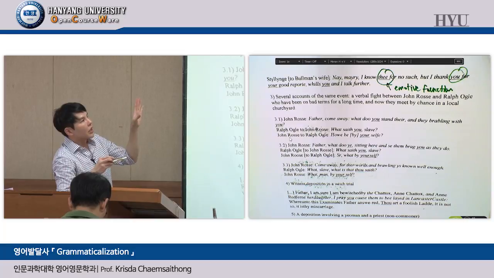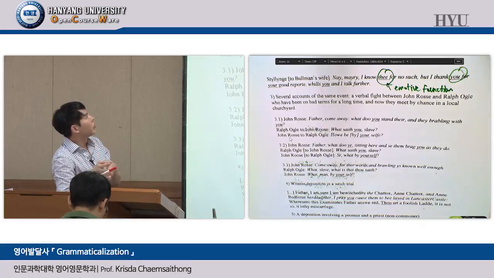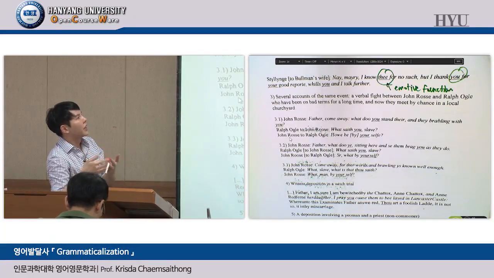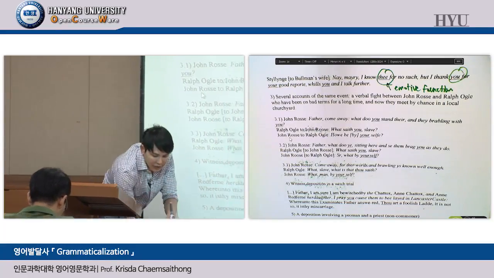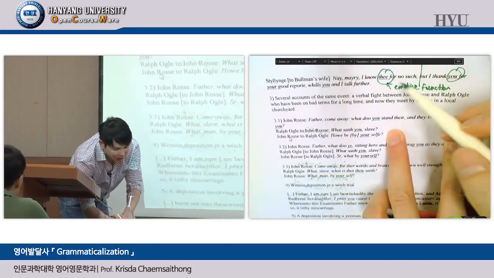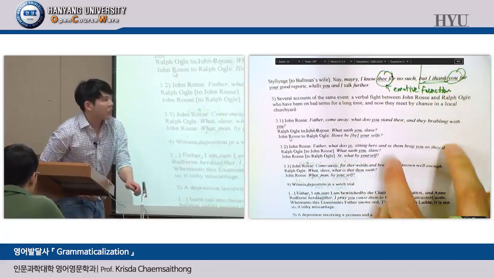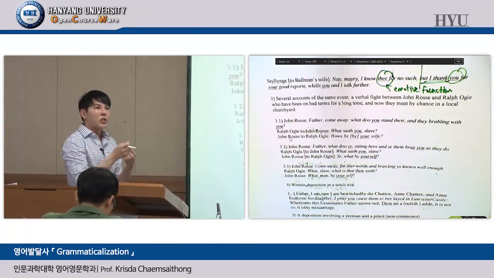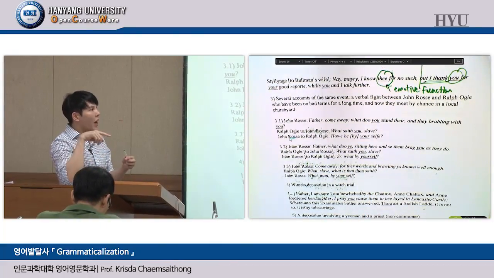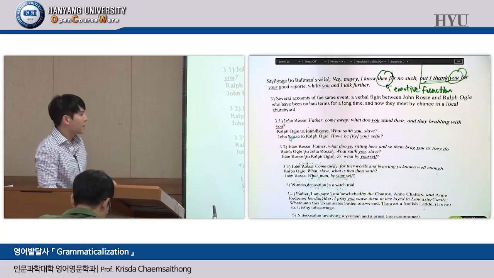So the person is trying to be more formal by thanking that person. So it seems that the emotive factor stops here, and then something else starts here, right? That's why people can switch between the Y form and the TH form. Okay?